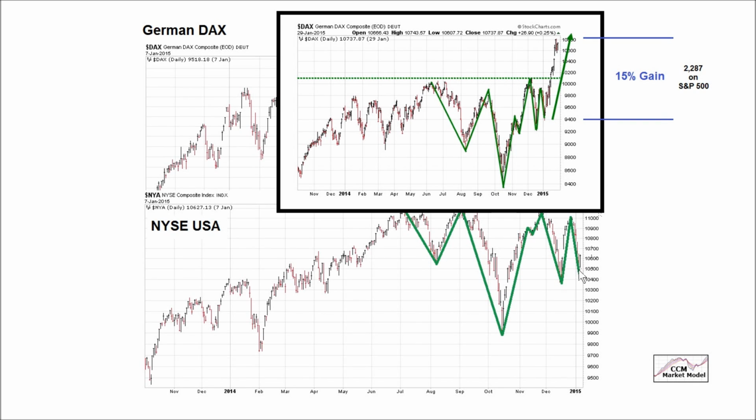If we did that from this point here, roughly on the S&P 500, a 15% pop from that level would take us to 2287. Obviously, we had QE announced in Europe. However, that applies to the United States as well, and these two indices process global information all the time, and over the long run, especially if you look at a monthly chart, their correlations between the DAX and US stocks tend to be very, very high.